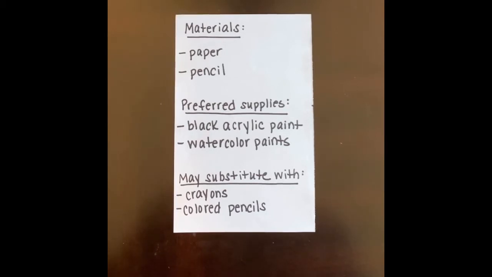If you have the black acrylic paint, you're going to need that for the first step, which is the printmaking step. You cannot use another type of paint because once you start filling in the colors with watercolor, the other colors will smear. The black acrylic paint will be more permanent and it will keep the circles in good shape.